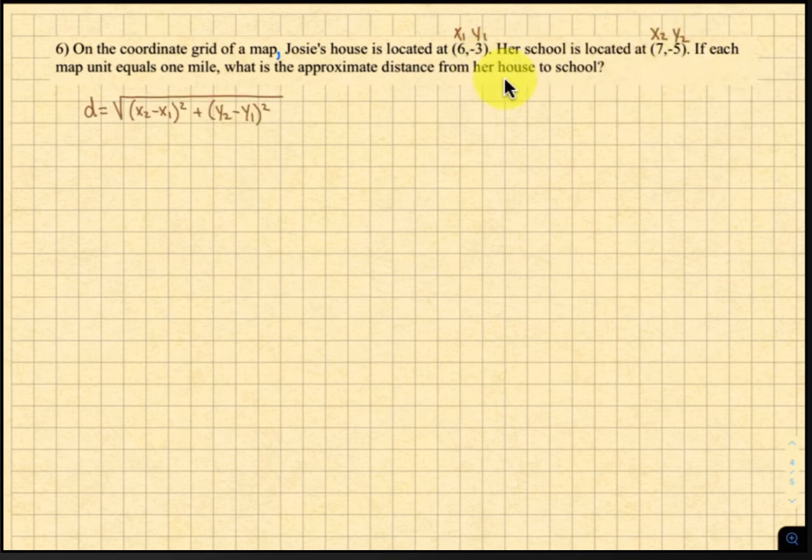We're trying to find the distance, so we'll use the distance formula and plug in the numbers. So x2 is 7 and x1 is 6: 7 minus 6 squared. y2 minus y1 is -5 minus -3, all squared. That comes out to be the square root of 1 squared plus -2 squared, which is 1 plus 4, and then our final answer is the square root of 5 miles. That is the distance from her house to the school.